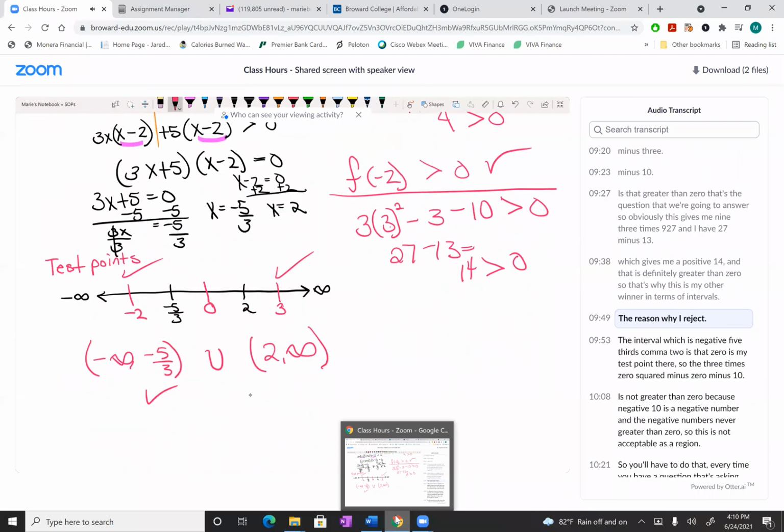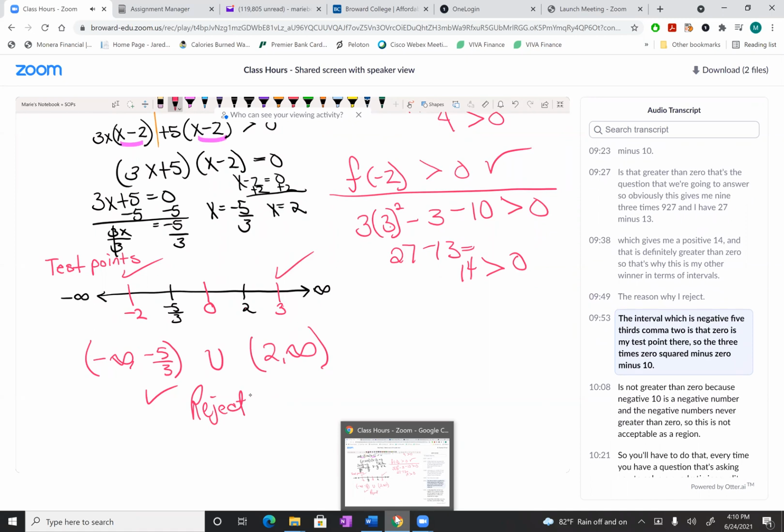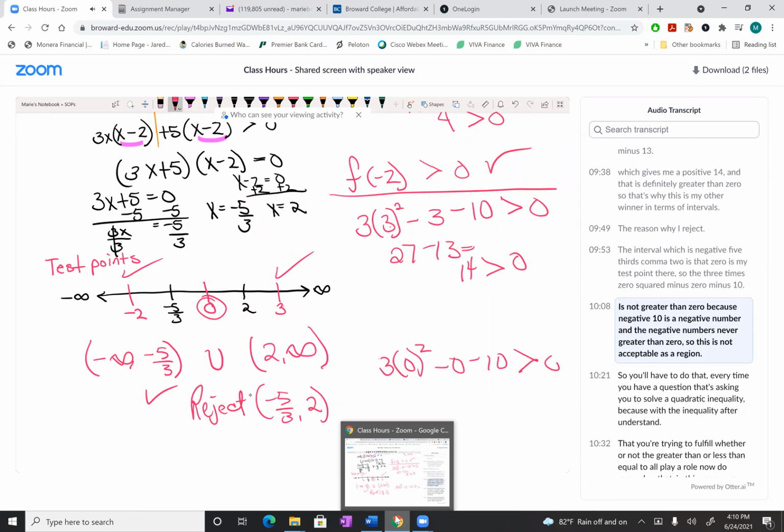The reason why I reject the interval, which is negative 5/3, comma 2, is that 0 is my test point there. And so 3 times 0 squared minus 0 minus 10 is not greater than 0, because negative 10 is a negative number, and a negative number is never greater than 0.